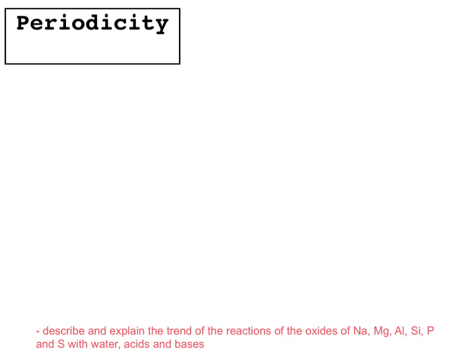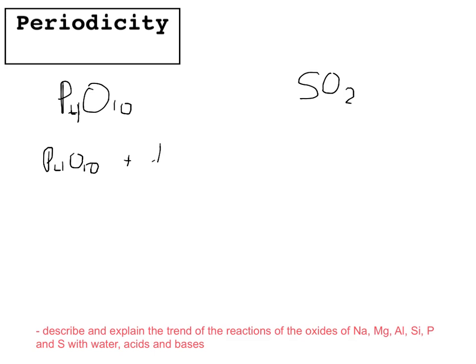Finally, we come on to phosphorus oxide and sulfur dioxide. Now, these will dissolve in water to form acids. So, phosphorus oxide will dissolve in water, and that will form phosphoric acid, which obviously readily dissolves in water and therefore creates H+ ions and therefore is acidic.